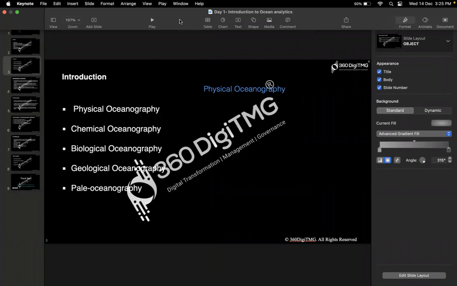The ocean's influence extends even to the composition of volcanic rock through seafloor metamorphism, as well as the volcanic gases and magmas created by subduction zones. So here we have about physical oceanography.